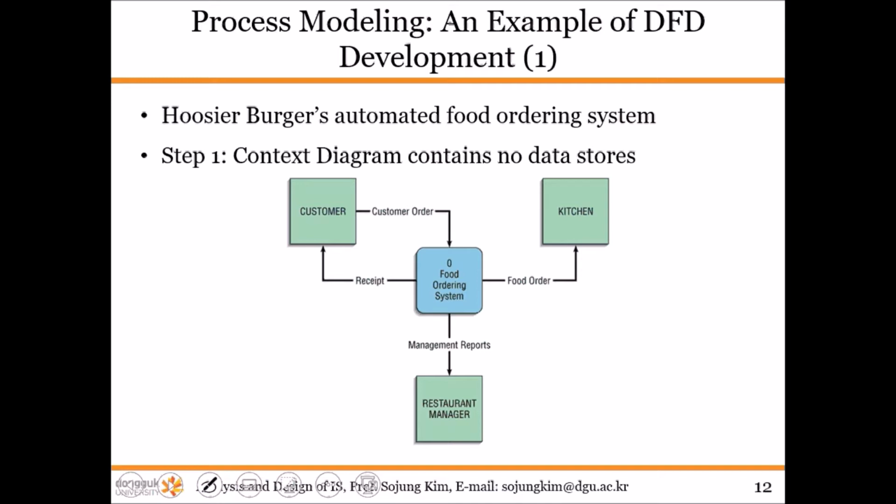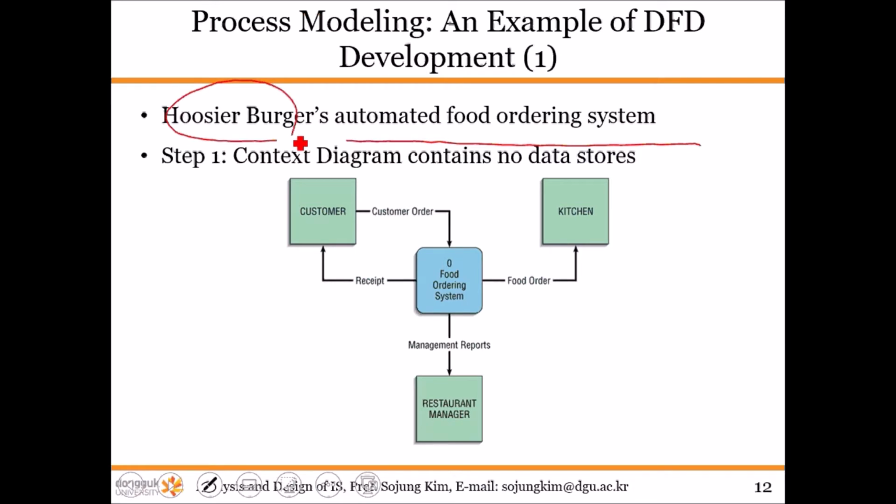So here is an example of the Hoosier Burger automated food ordering system. If you go to McDonald's or Burger King nowadays, you can see the automated food ordering system, right? So let's look at the Hoosier Burger automated food ordering system here.